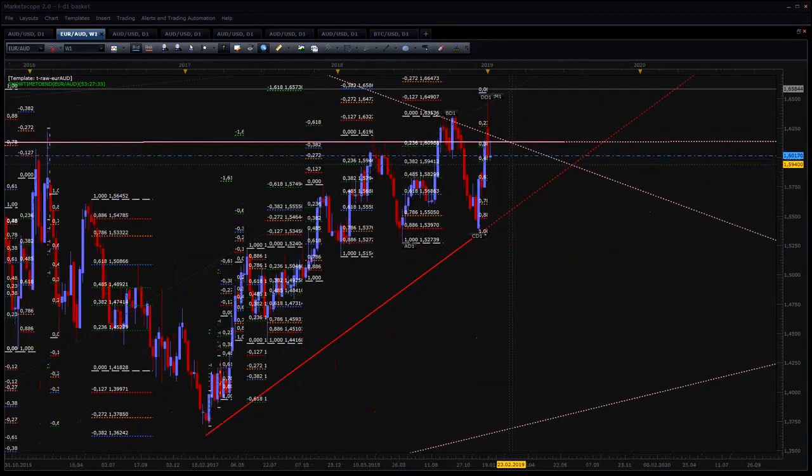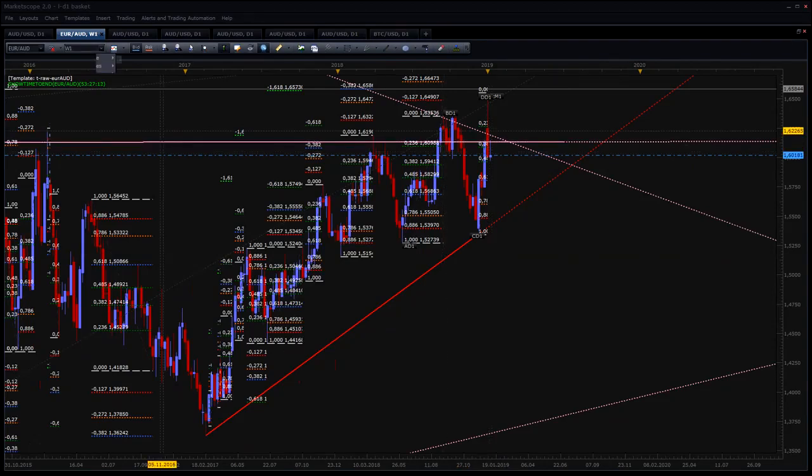But because this is happening at the resistance level, I would be interested in trading downwards. Especially this entire week here would be a great opportunity to find a bearish signal and to trade it downwards.